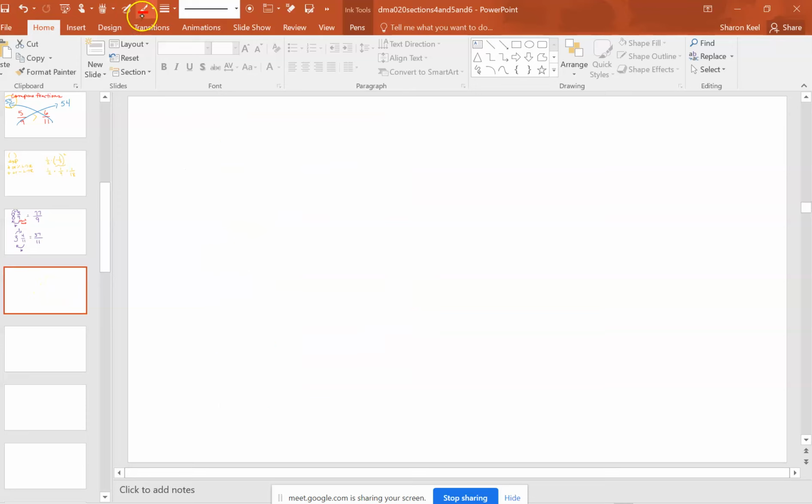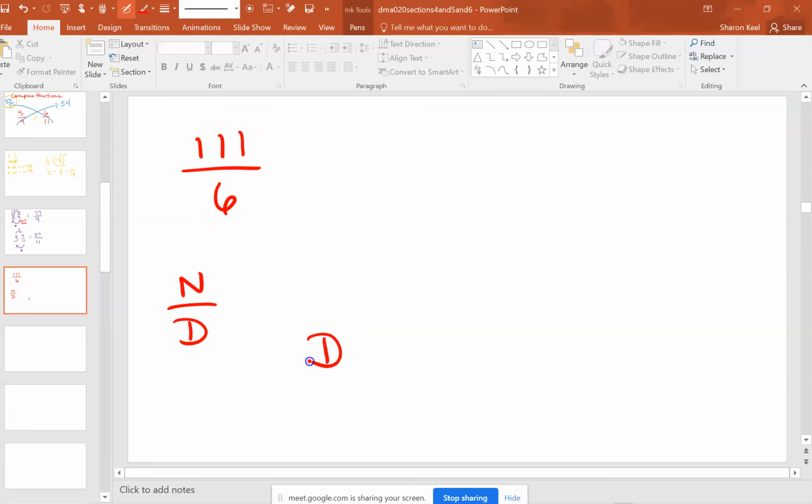Now, let's say you were to have an improper fraction. Let's say we had 111 over 6. In this case, we have a numerator over a denominator.